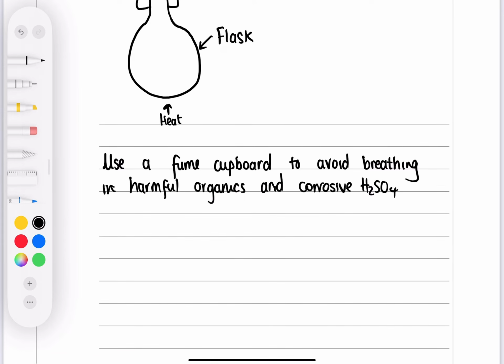We're going to wear gloves as concentrated H2SO4 is corrosive.